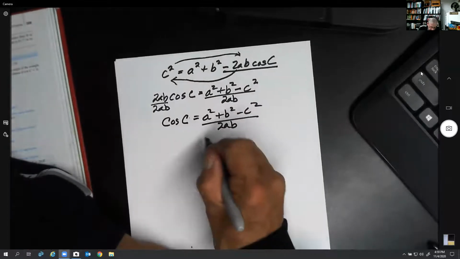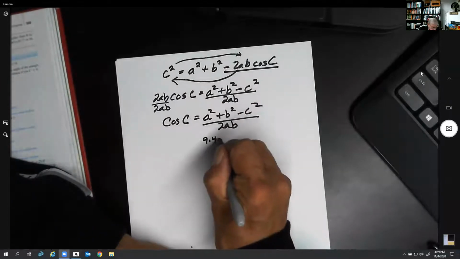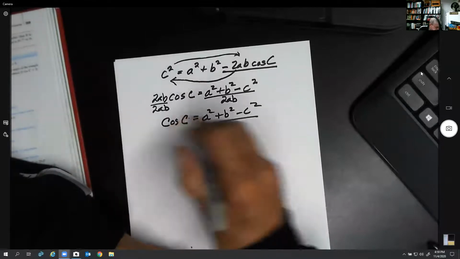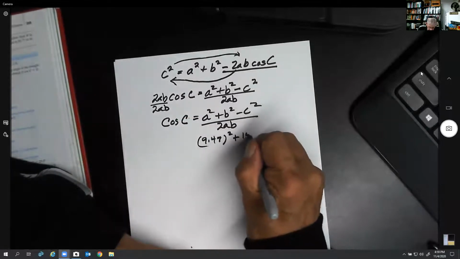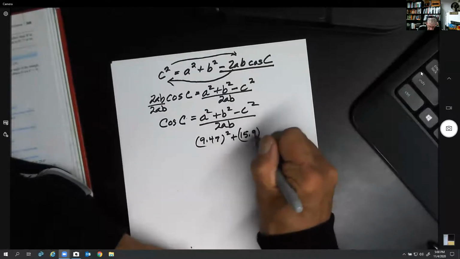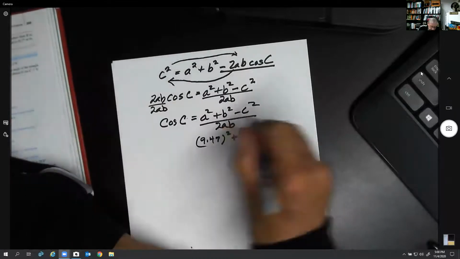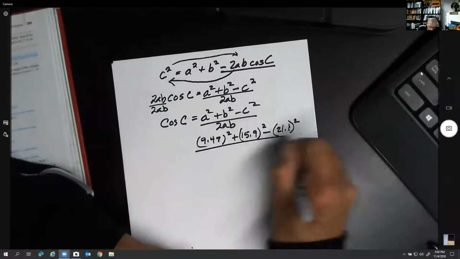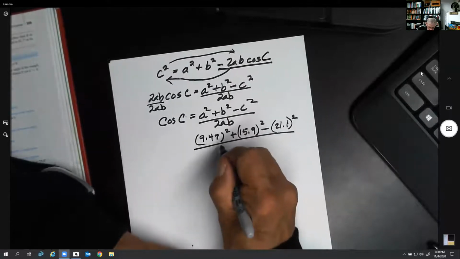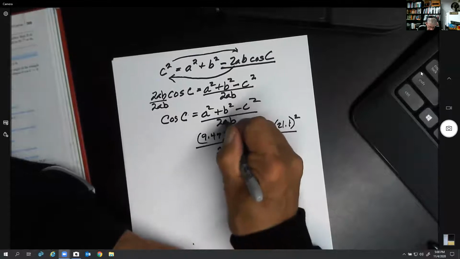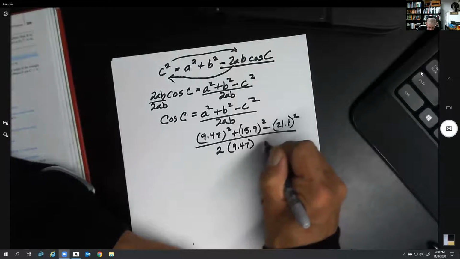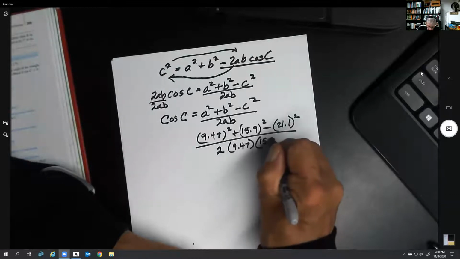So let's see what information they gave us on this one. They gave us that A is 9.47, so we've got to square that. B is 15.9 squared. And C was minus C, 21.1 squared, over 2 times A, 9.47, and times B, 15.9.